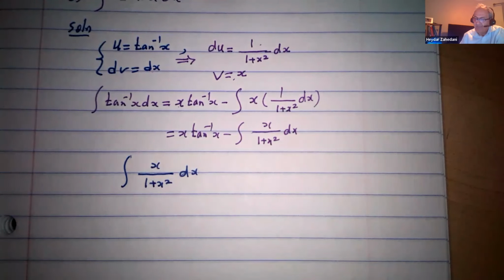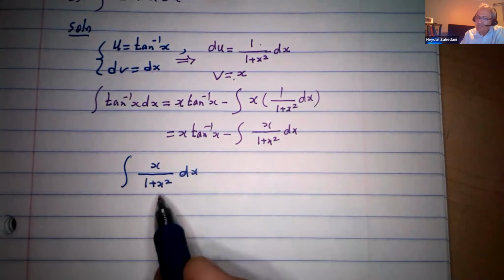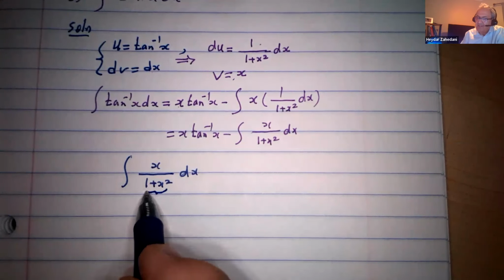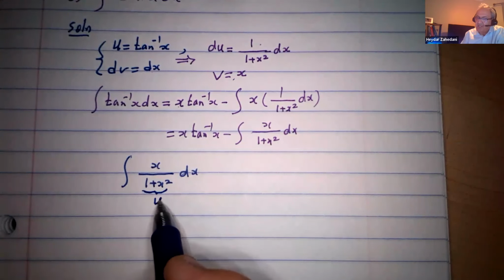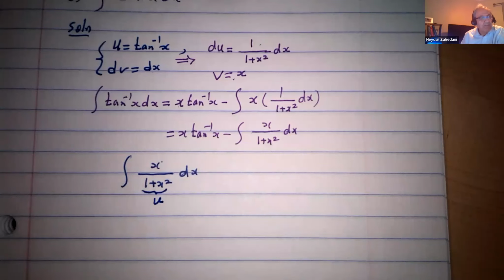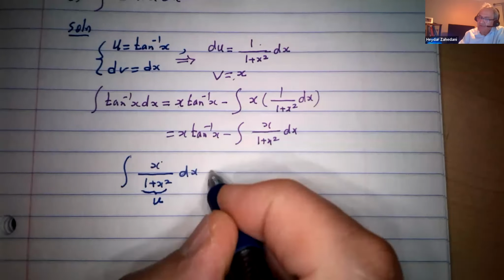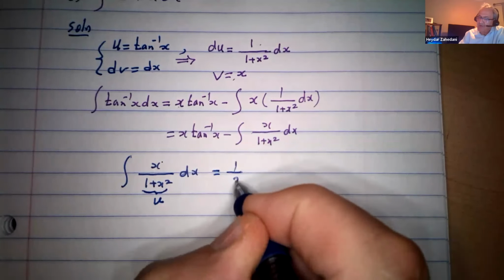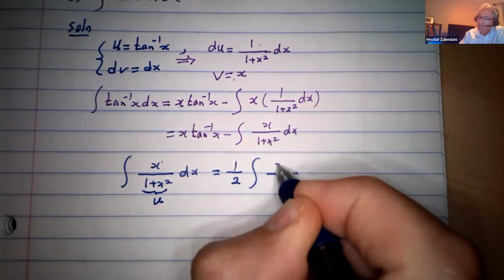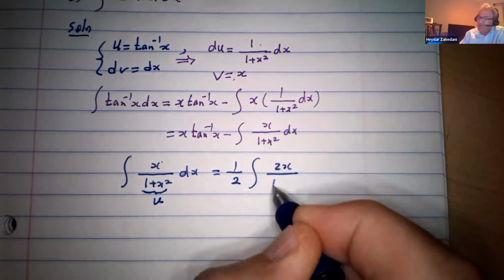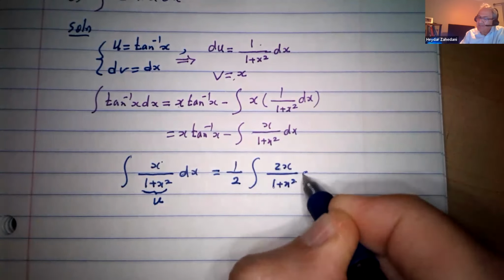If you take this to be u, you need u prime on the top. U prime is 2x, so a 2 is missing. This is the way you can write it as a short form: 1/2 the integral of 2x over 1 plus x squared dx.